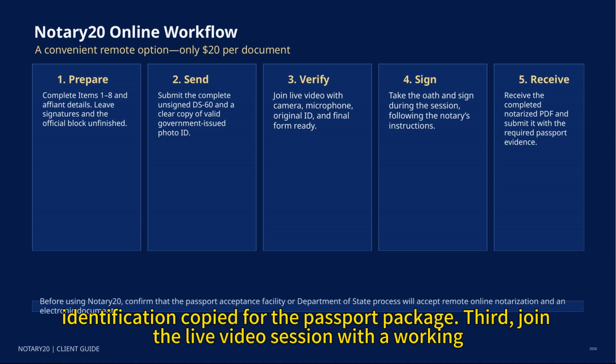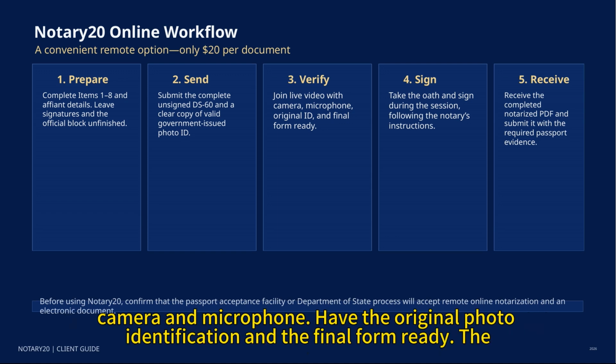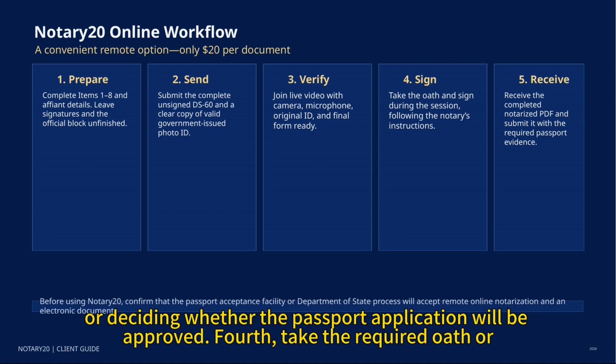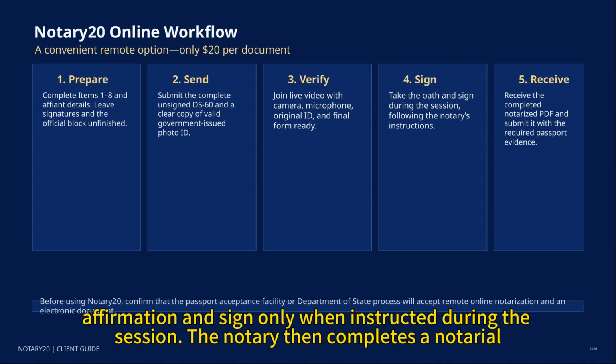Third, join the live video session with a working camera and microphone. Have the original photo identification and the final form ready. The notary will verify identity and review the document for completion without giving legal advice or deciding whether the passport application will be approved. Fourth, take the required oath or affirmation and sign only when instructed during the session.